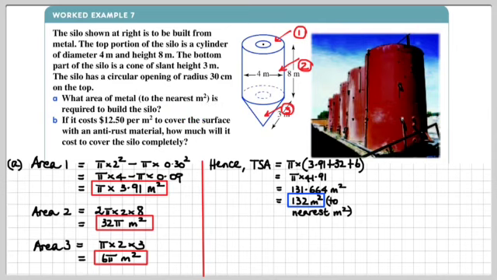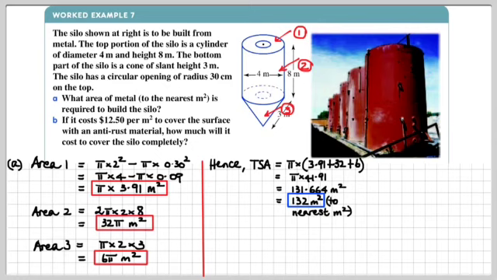Now, how do you work out part B? Think about this. Let's use some round numbers. If it cost me $10 for every square metre to cover 100 square metres, how much would that cost? Well, there are 100 square metres. It's costing me $10 for every one.